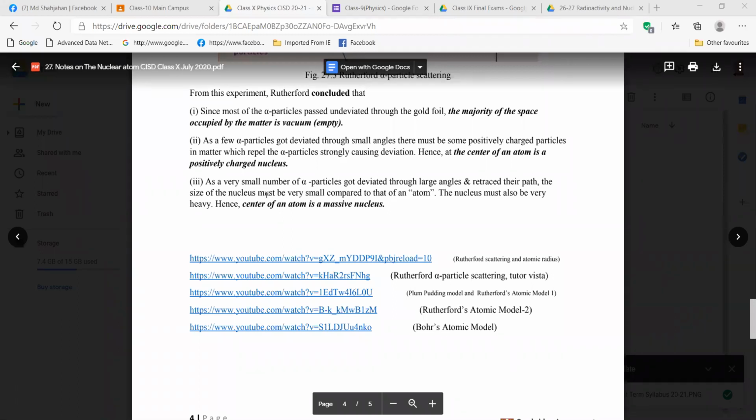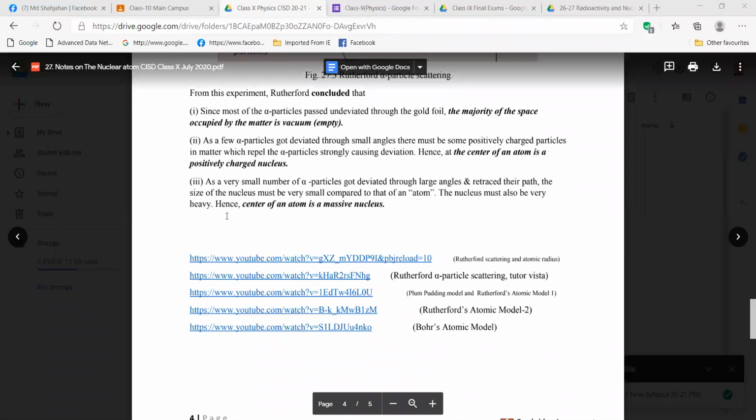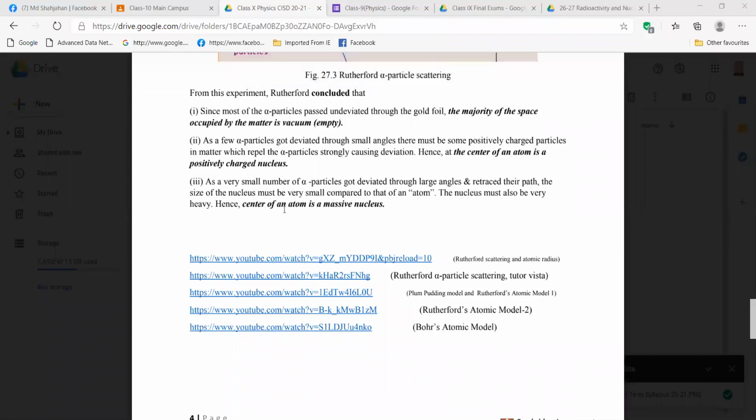That also means that the nucleus is in a very small space. And from the returning back of some of the alpha particles, why is it so? Because the nucleus must also be very heavy. Hence, the center of an atom is a massive nucleus.